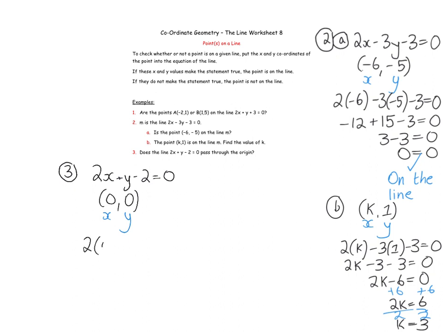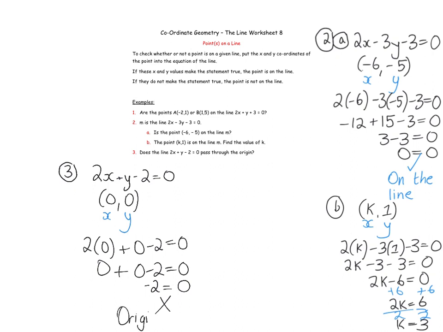So 2 times 0 plus 0 minus 2 is equal to 0. This will become 0 plus 0 minus 2, so that's just going to be -2 is equal to 0. So this point is not on the line. So the origin is not on the line.